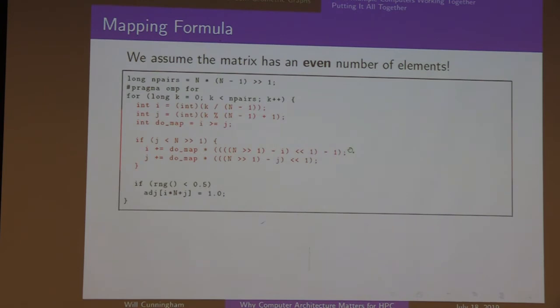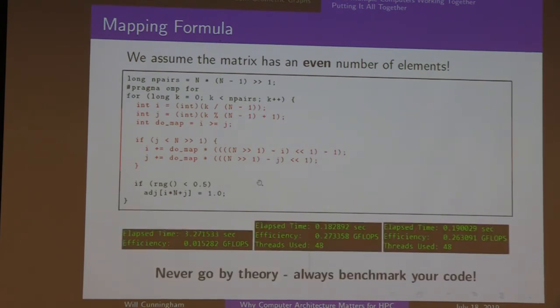And what we see is that with no parallelism, it takes about 3 seconds. If you do the naive parallelism with the double for loop, it'll take about 0.18 seconds. But then you use this trick here, and it takes slightly longer. Now, why does that happen?